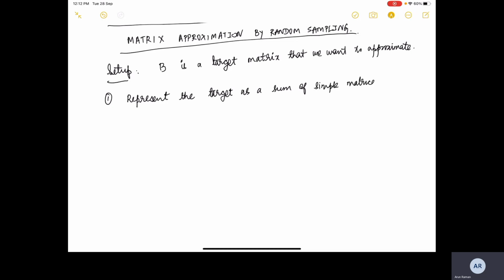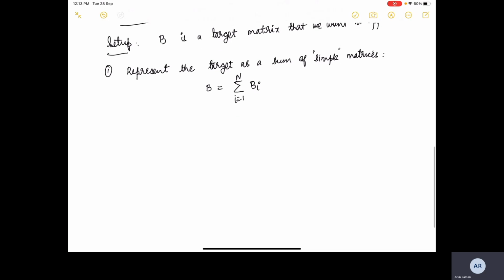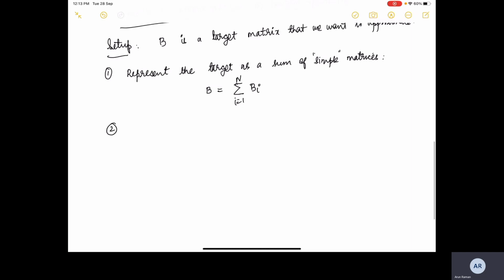What simple actually means will vary from one application to the other, but what we want to do is something like this. B is our target matrix that we want to approximate. We will decompose the matrix into a finite sum, and we will then basically be sampling quantities from this sum.